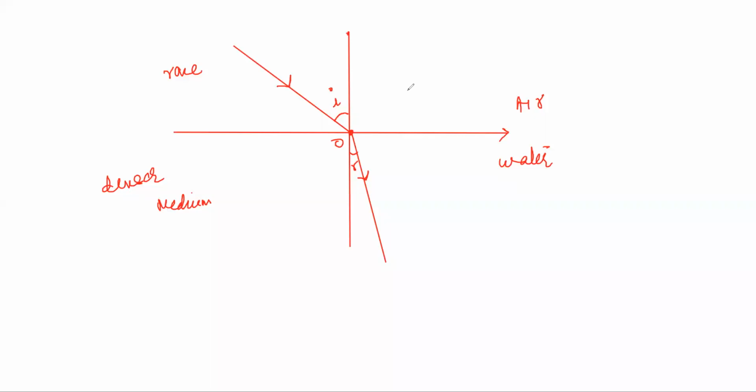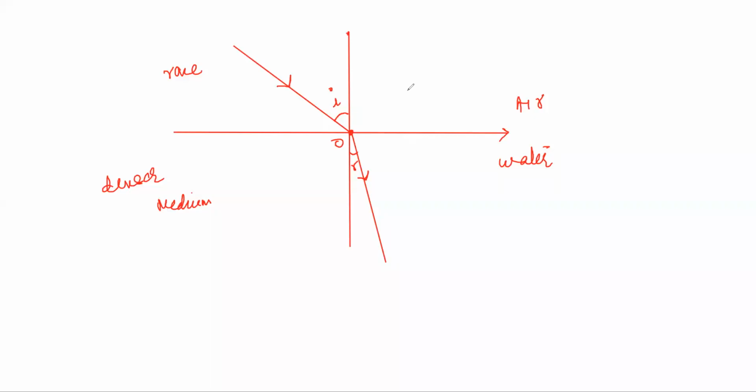Whenever there are two mediums of different densities, you always notice that light has to change. What does it change? It changes its velocity. It changes the wavelength; the frequency remains the same. It changes the path. It bends towards the normal or goes away from the normal.